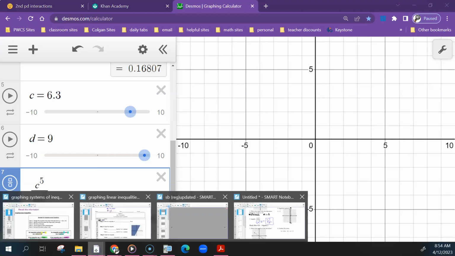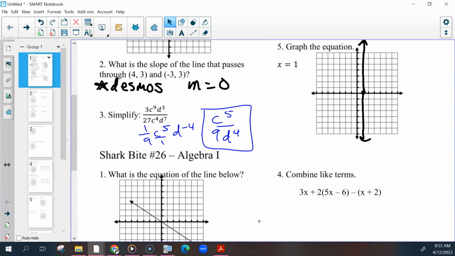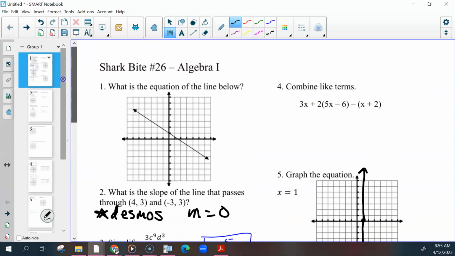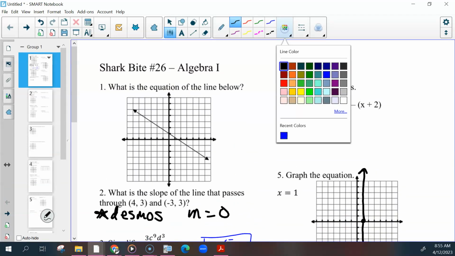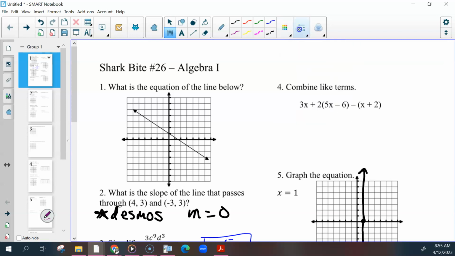And then number 4, you have to combine like terms. Be careful with your negative. Remember that's really -1. You have 3x plus 10x minus 12 minus x minus 2. And then combine your like terms.